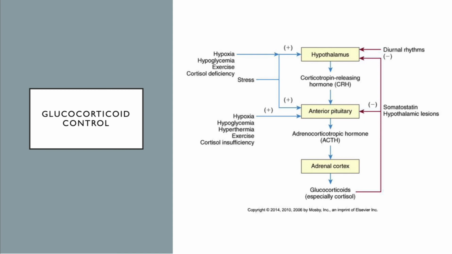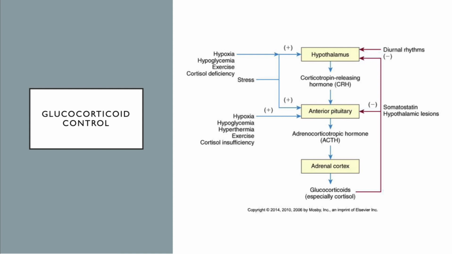Glucocorticoid control is the same way, but substitute the adrenal glands for the thyroid. Again, we have the hypothalamus that starts out sending CRH, corticotropin releasing hormone. The pituitary picks up the signal and sends out ACTH, which stimulates the adrenal cortex to make the glucocorticoids, especially cortisol.